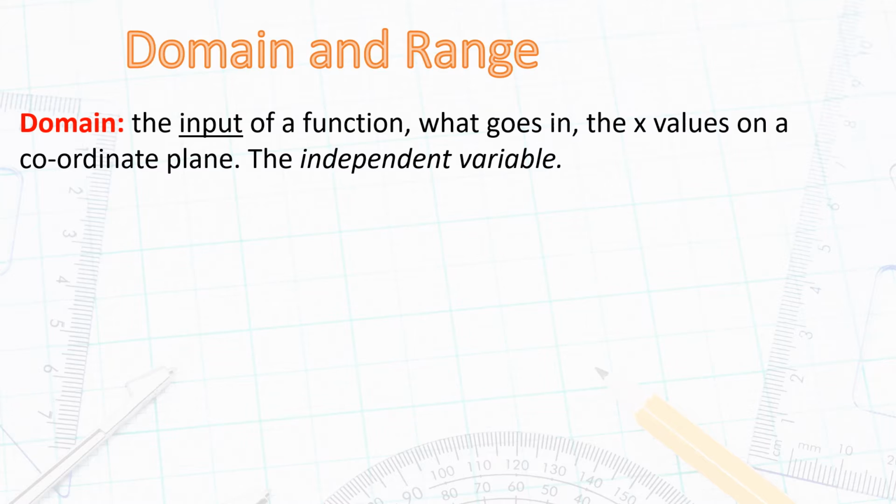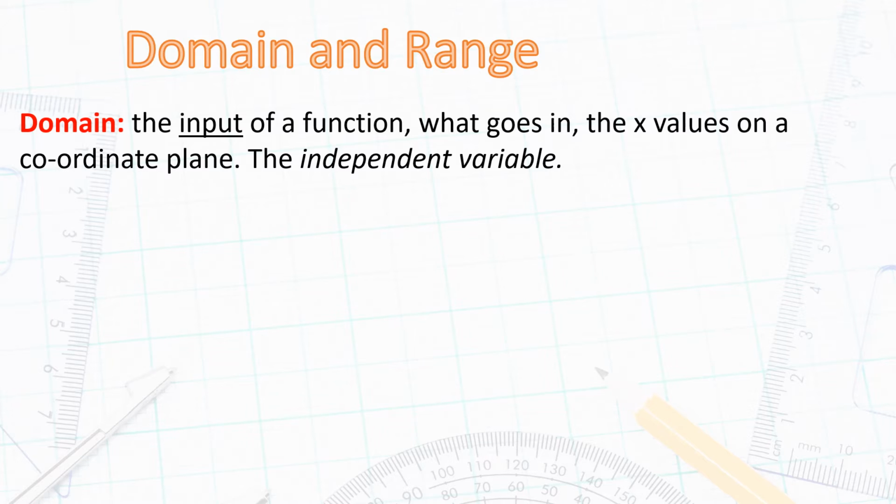All right, so domain is the input of a function or a relation. So it's what goes in. When we say what goes in, we're talking about like if you have two variables or two things that are dependent upon one another, one usually changes in response to the other. The domain is the independent one. This is the one that you change.